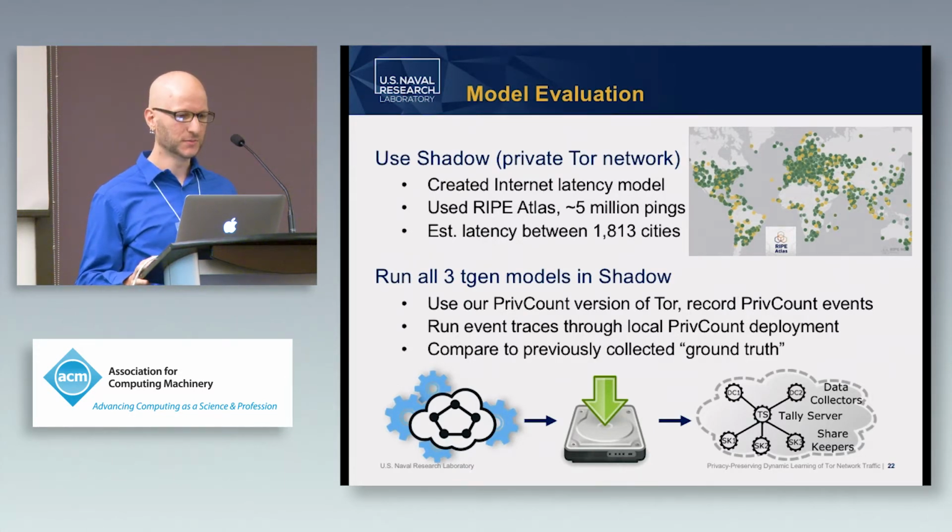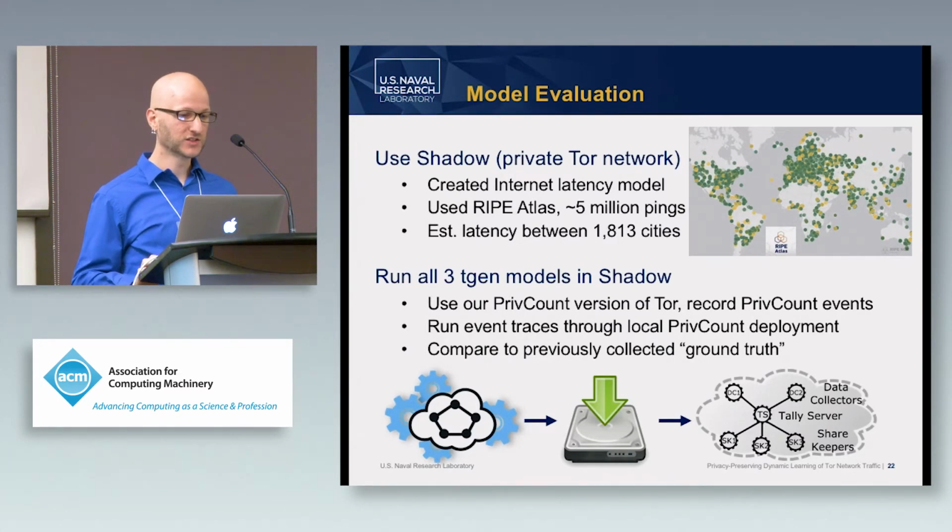We did about 5 million pings between representative probes, one per city. So this gave us 1,813 cities, and we did multiple pings between each pair of cities to get an estimate for latency. And we use this map in our experiments.